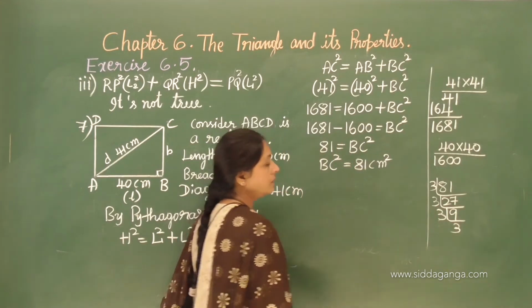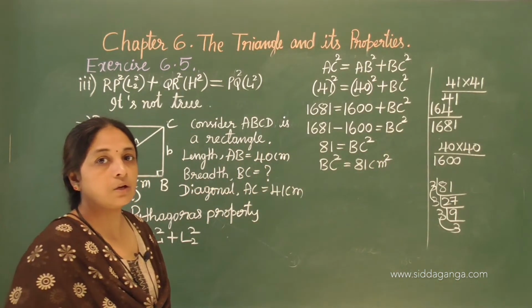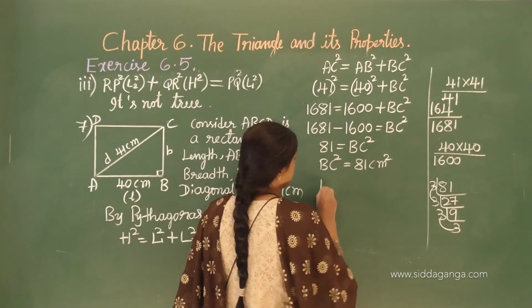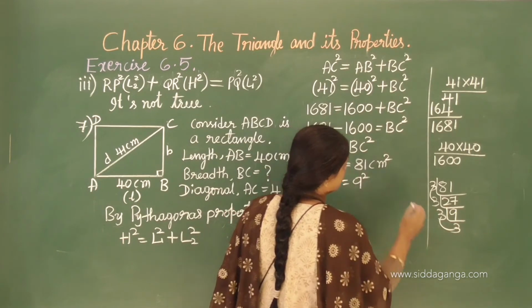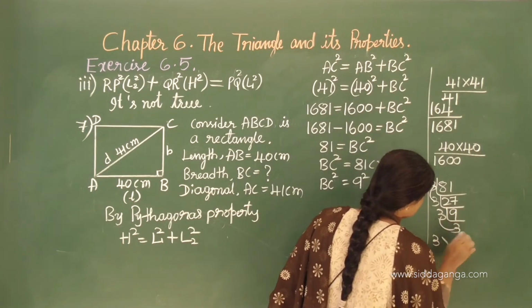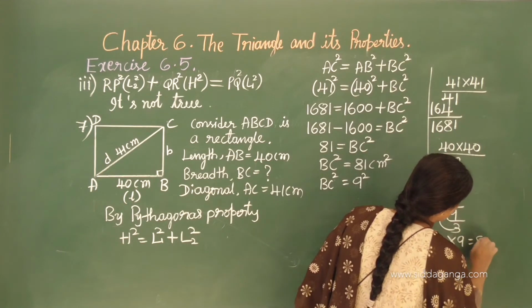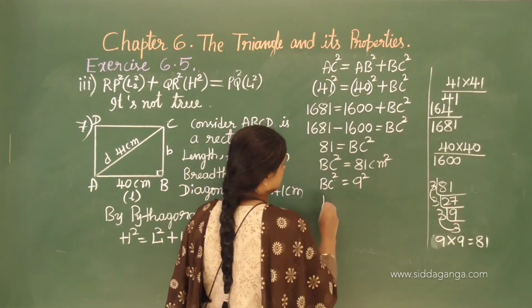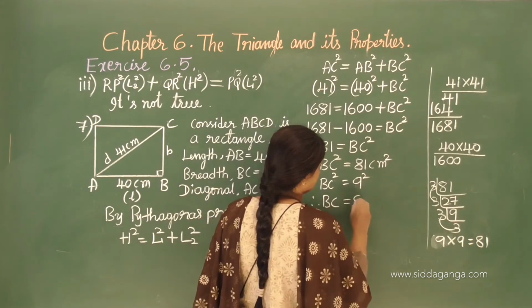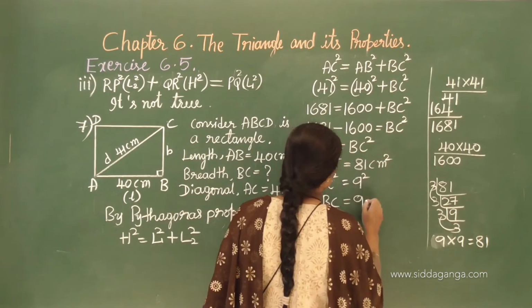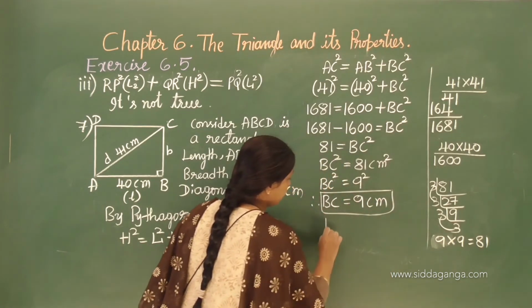Then we can pick one number from the group. Here BC square is equal to 9 square, that is 9 into 9 is equal to 81. Therefore BC is equal to 9 centimeter. So what is BC here? It is breadth.